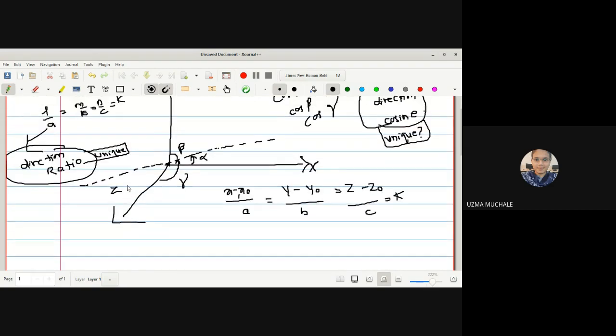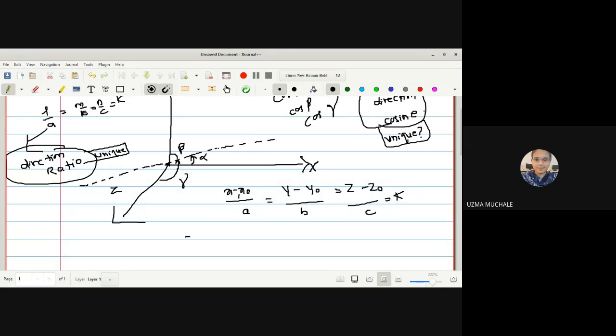So this is simply the representation we started with. We have a line which is passing through the origin. We have to find the direction cosine, which we find with the help of the angles made by that line with the positive direction of the x, y and z axes. And then we have to find the cosine of them. Now my question is why we are finding cosine only?